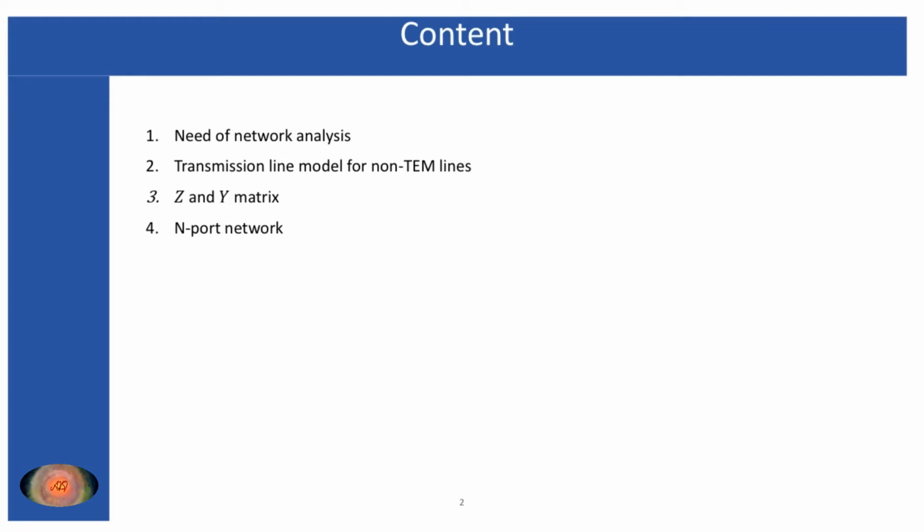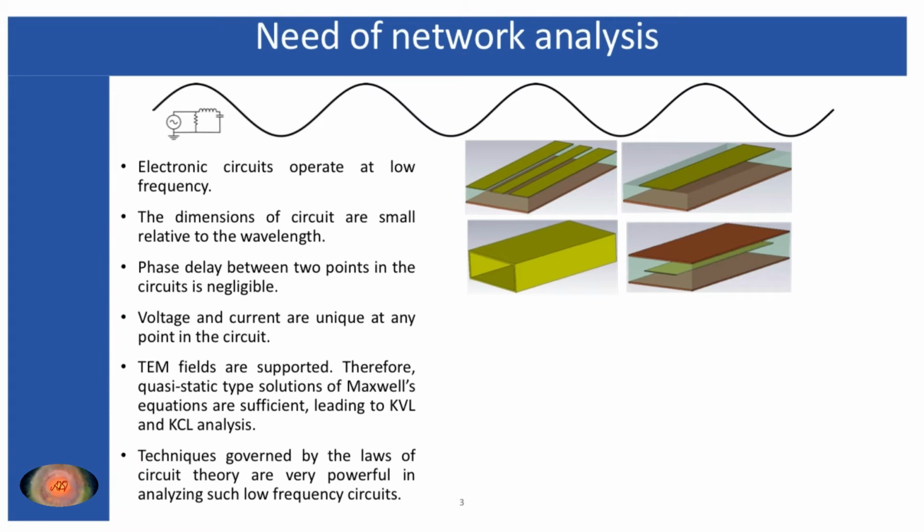Before starting our discussion, we should understand the difference between the general circuit which we use for the low frequency signal and the microwave circuits which basically deal with the high frequency signal.